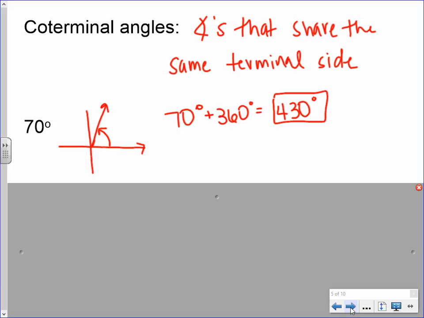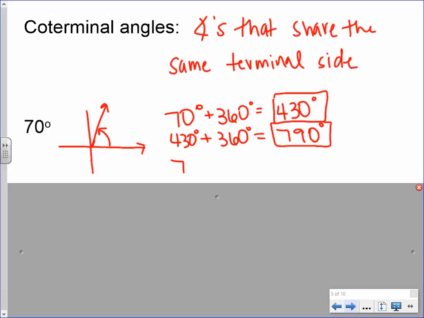Okay. How could we find another coterminal angle? Add another. We could add another 360. And that would be 790. Ryan, what else could we do? Subtract 360.